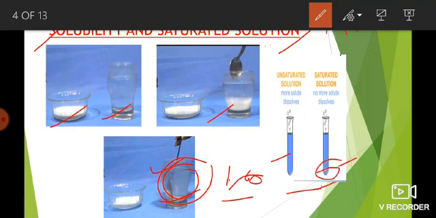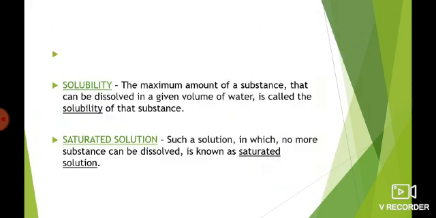You can see, so this is the saturated solution. This is unsaturated solution, because here more sugar can be added. But this is saturated solution because here no more sugar can be added. So this is what the solubility and saturated solution.